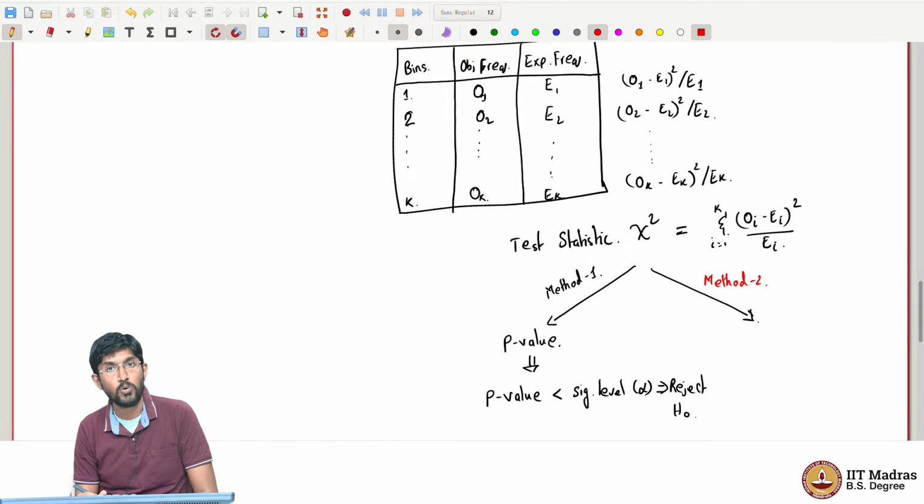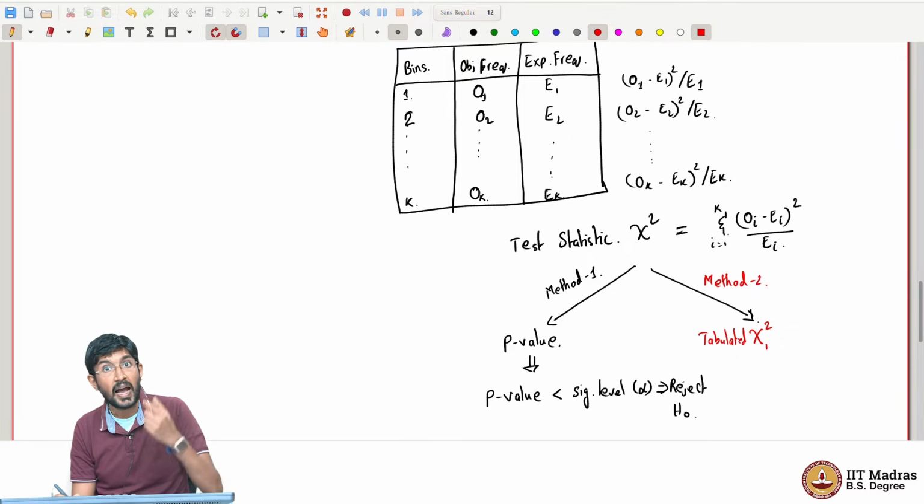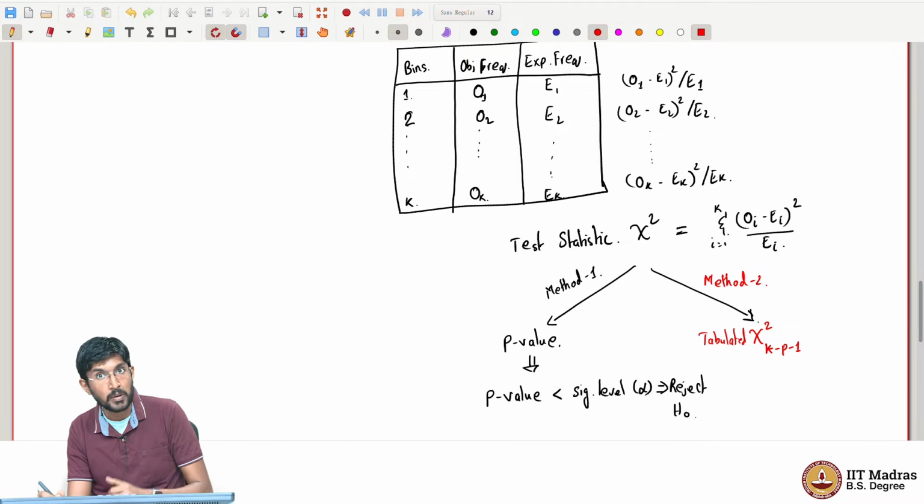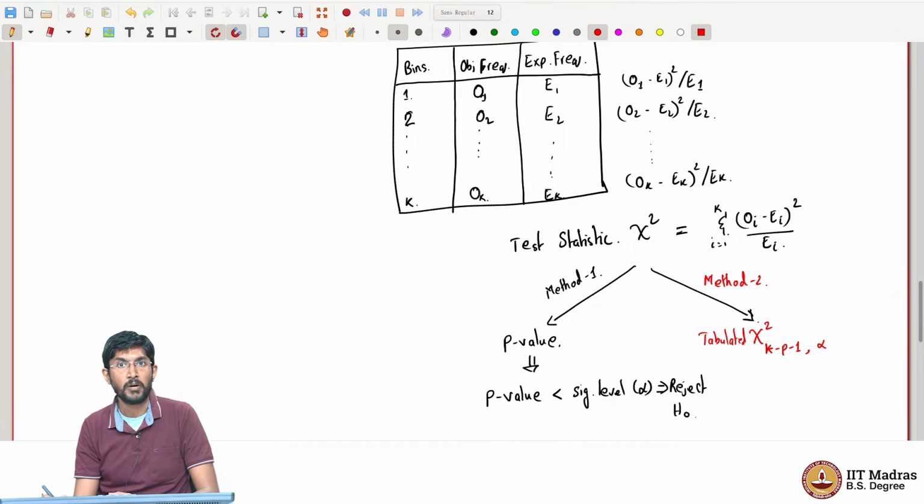In method 2, for this computed test statistic, you will calculate a chi-squared tabulated value, let's call this tabulated value, at a degrees of freedom which is given as k minus p minus 1. I will come to the p in a minute, at a level of significance which is alpha.